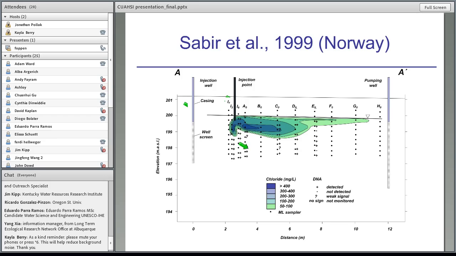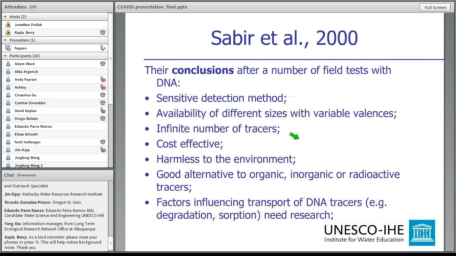After some time they found that at these observation wells there were a lot of pluses, meaning that there they found DNA. This was a fractured aquifer somewhere in Norway, and that experiment seemed to work.